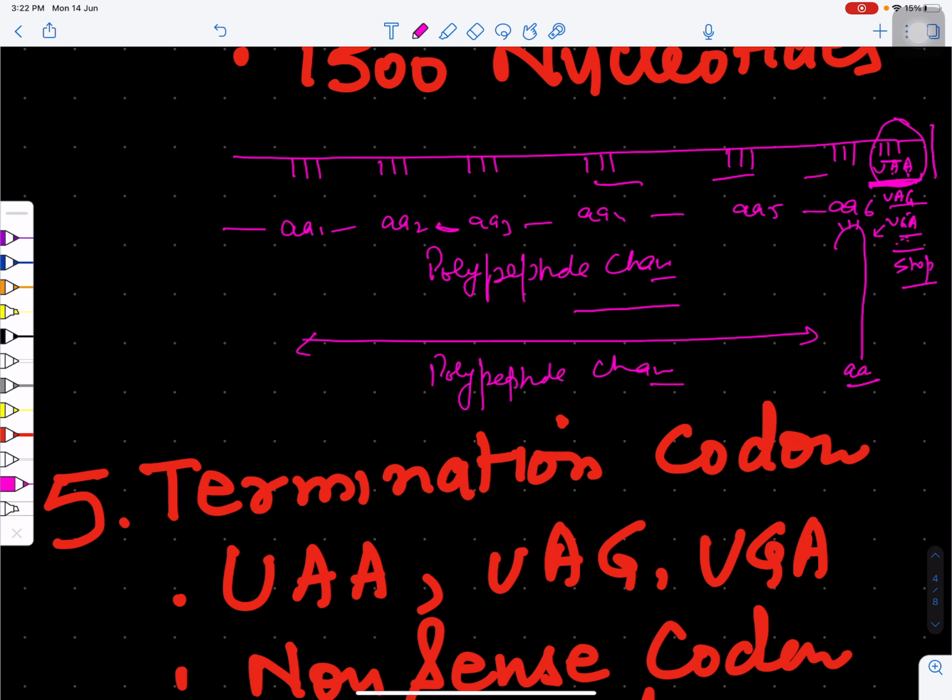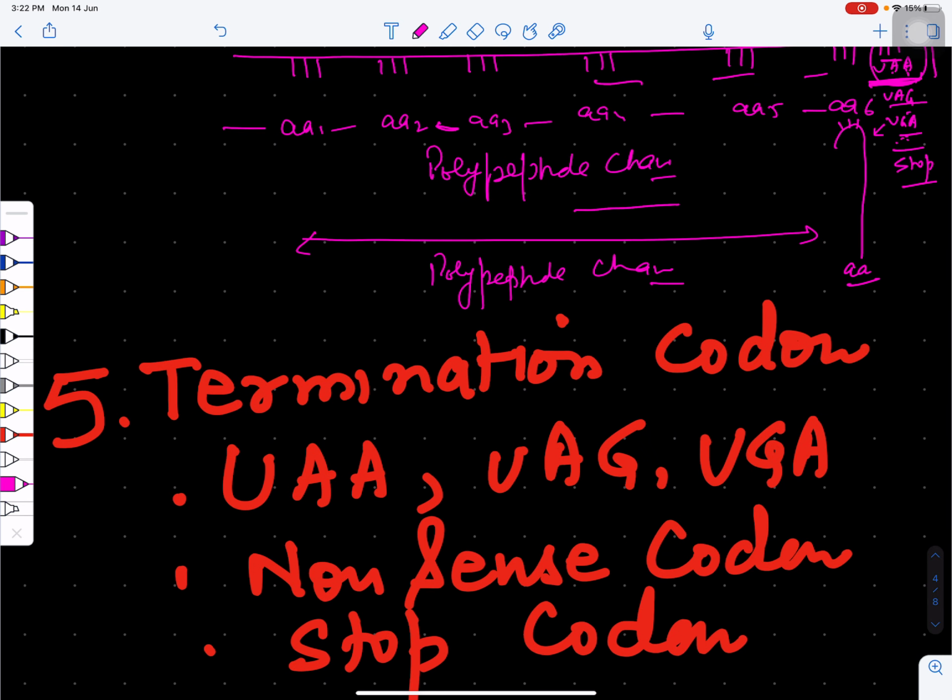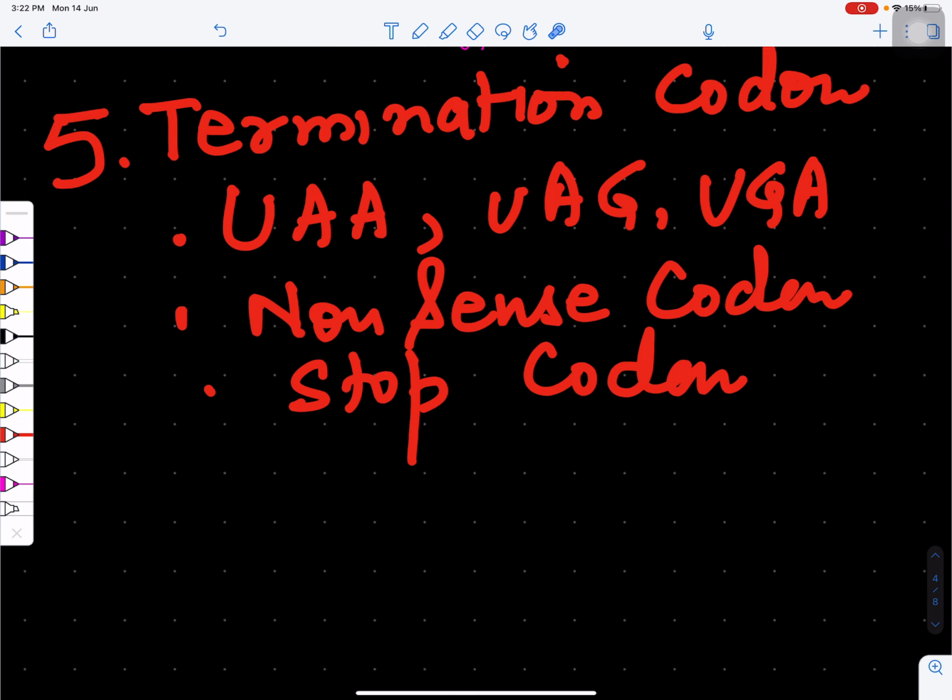These are called termination codons, which help in termination of the protein formation. So they can be UAA, UAG, UGA, which are also called nonsense or stop codons, because they help in stopping the protein formation or polypeptide chain formation.